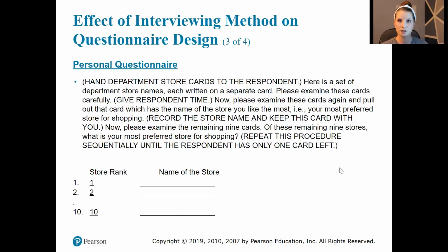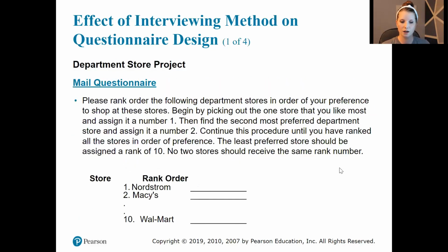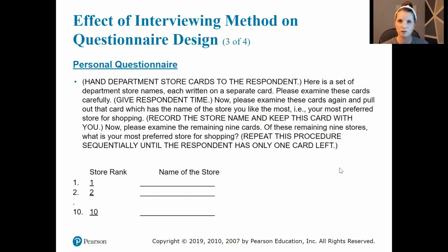So this is essentially the same activity that is going on in the mailing questionnaire, but it can be a little bit more interactive when it's face to face. This could be like a mall intercept survey, going door to door, stopping people who are walking into a football game, or stopping people who are walking down Main Street and asking for a few minutes of their time.